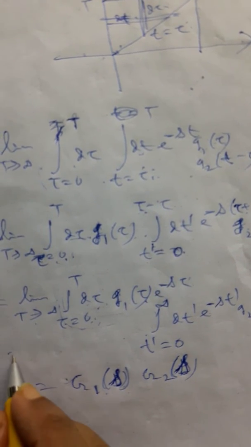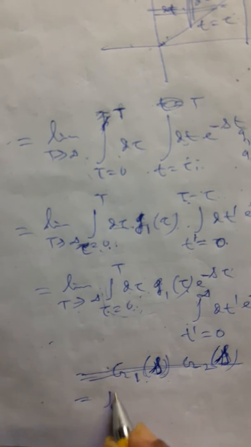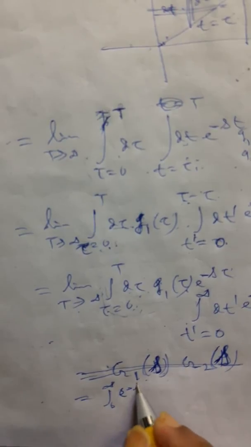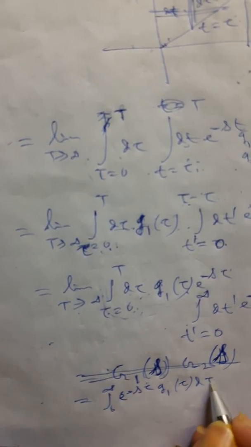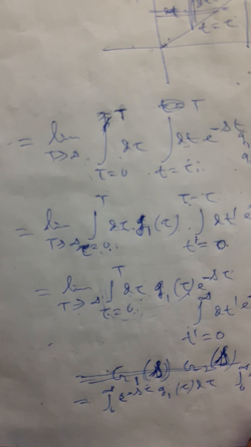Just here we write the integral from 0 to infinity of e^(-s tau) g1(tau) d tau, and another integral from 0 to infinity of e^(-st') g2(t') dt'.